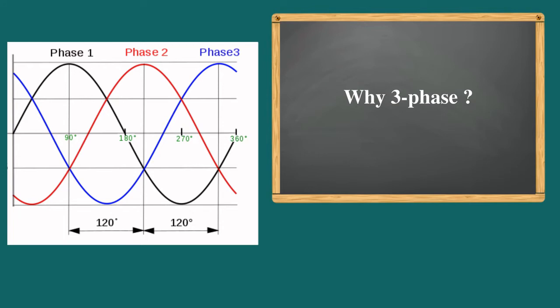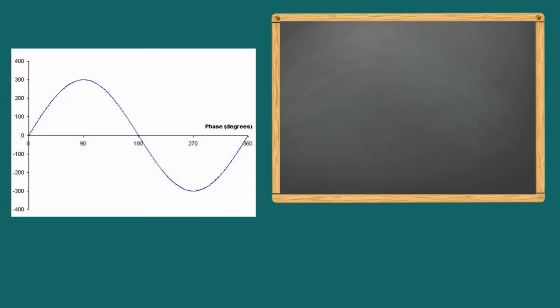Now the most common question arises: why 3 phase? Why do we use 3 phase if we already have single phase supply? Now look at the waveform. It is a waveform of a single phase voltage. If you observe it carefully, you will find this waveform cuts the zero position 3 times in a cycle.